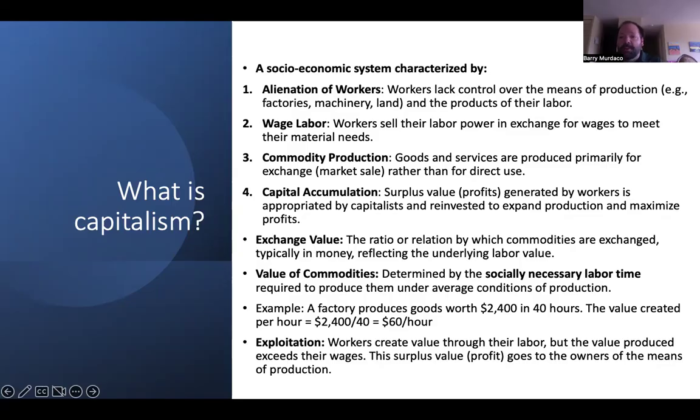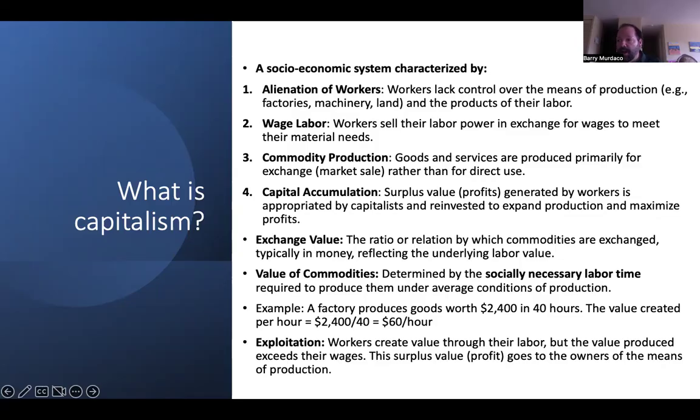The profits that the capitalist accumulates through this are at least partly used to expand production further in order to maximize profits even more. So capitalism is an expansive system. It grows outward. On the one hand, as I've already said, it incorporates more and more aspects of life into it.